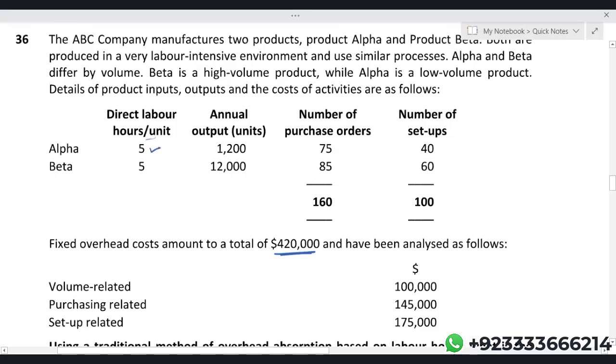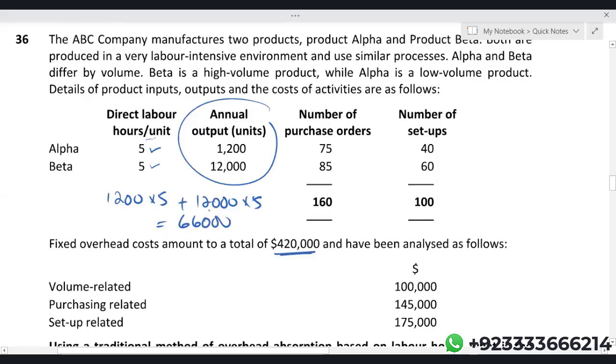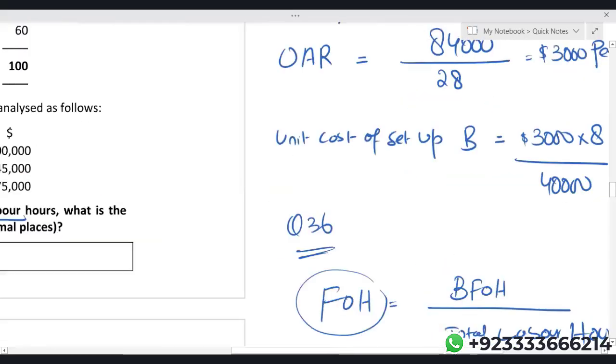Alpha needs 5 hours, beta needs 5 hours, annual activity. So 1,200 into 5 will give us total labor hours for alpha. 12,000 multiplied by 5 will give us total labor hours for beta. Let me use the calculator. 1,200 multiplied by 5 plus 12,000 multiplied by 5. I'm getting 66,000 hours. So the total direct labor hours we have is 66,000.